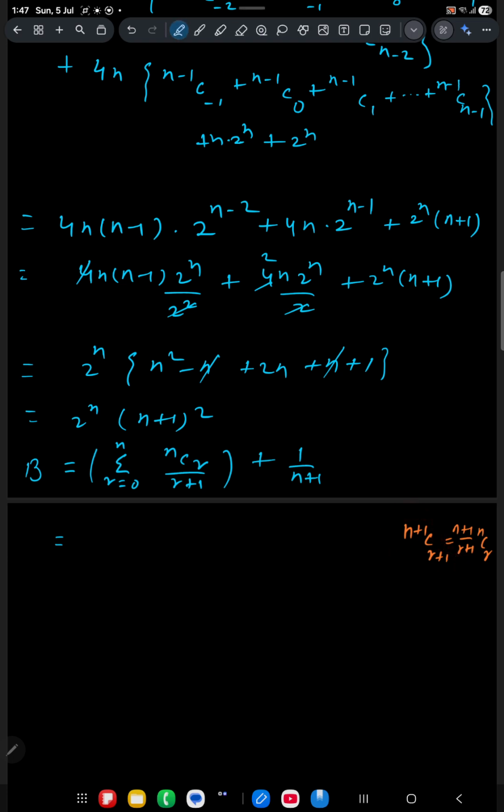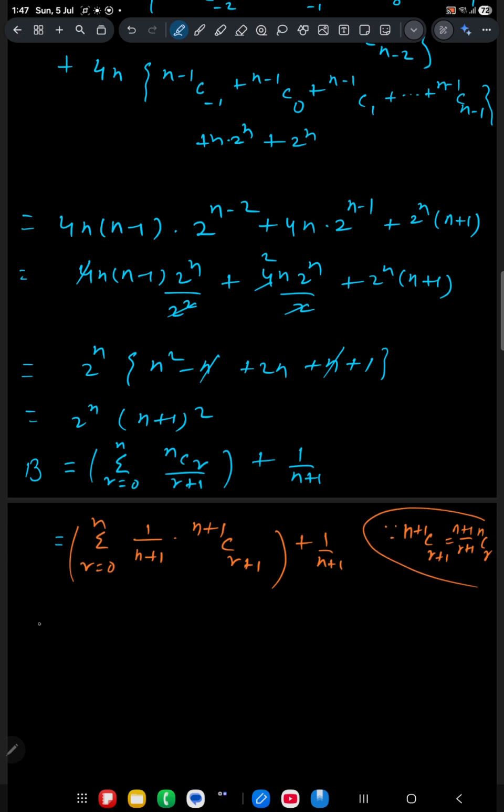So here, summation r equal to 0 to n, 1 upon n plus 1 into n plus 1 C r plus 1, plus 1 by n plus 1 was there. This is the formula. So this will give you 1 upon n plus 1 outside, and you will get summation r equal to 0 to n of n plus 1 C r plus 1, plus 1 by n plus 1.